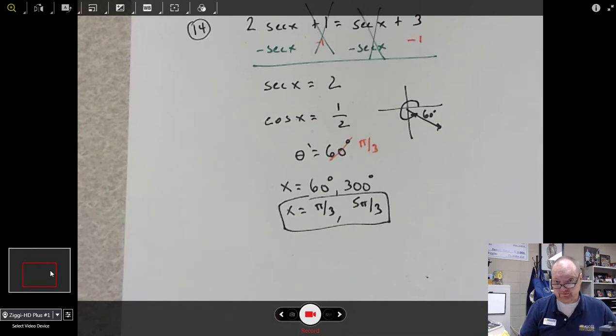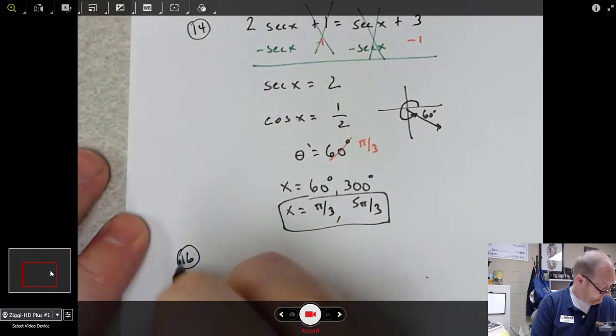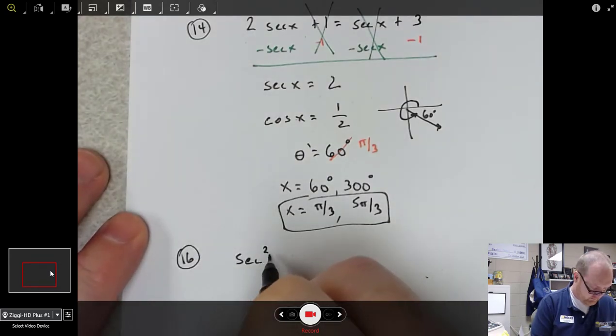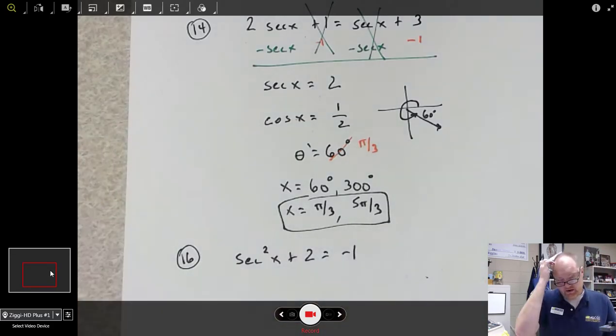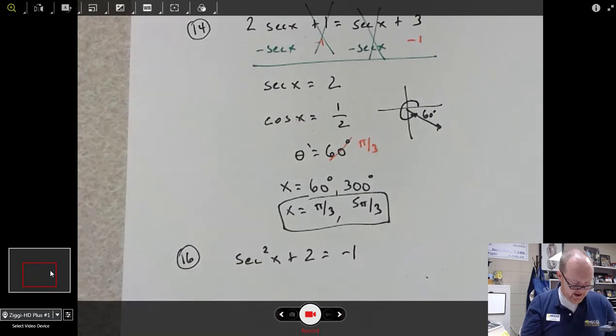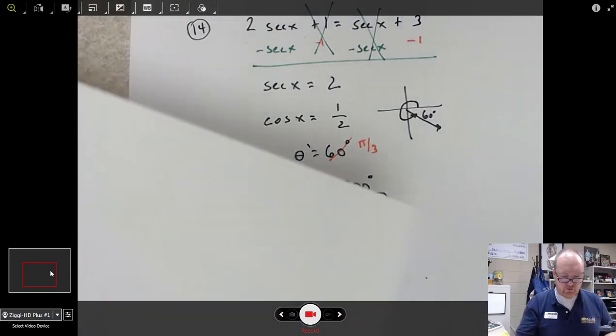So again, the basic solving is not difficult, but we want to look at some perhaps that are a little more interesting. Maybe number 16. So when we solve number 16, the first thing I notice is that it's a quadratic equation. So let me just pause for a second and go back and think about solving a quadratic.